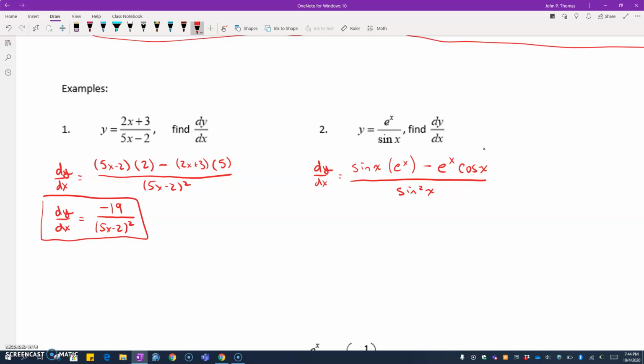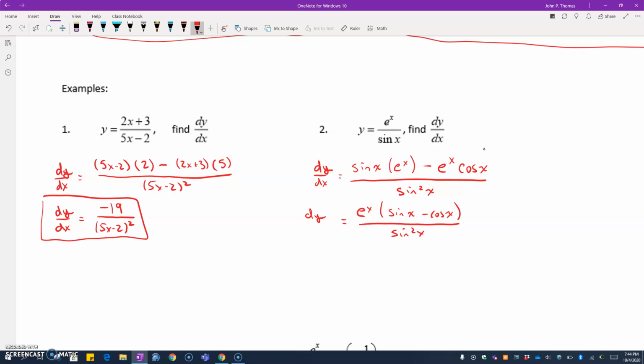Now again, typically we're going to want to use this when we're setting it equal to 0 and solving. So I think about that when I think about how I'd simplify. So the main thing I do to simplify this one is I would factor the top. And by that, the only thing we can do is factor out that e to the x. So I have e to the x times sine x minus cosine x, and that's all over sine squared x.